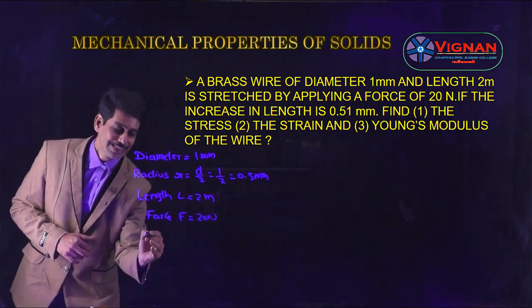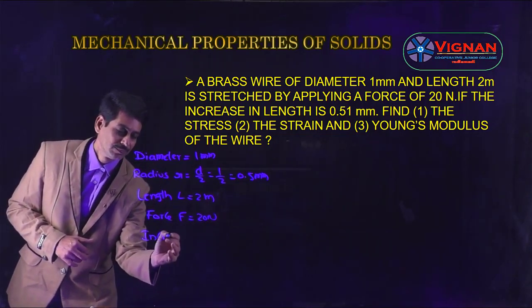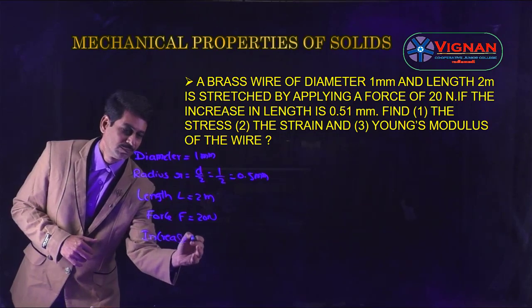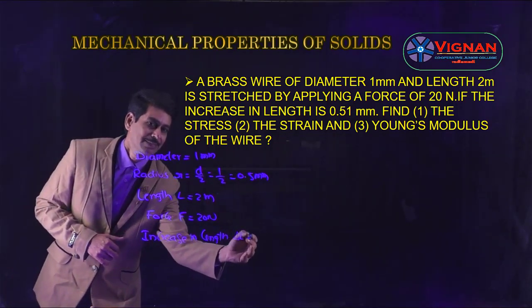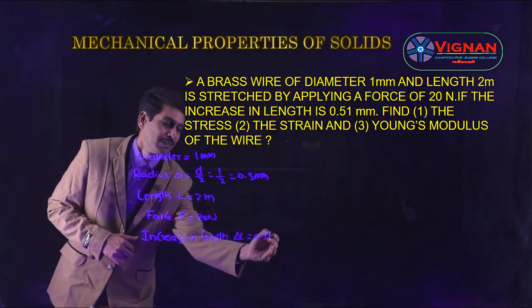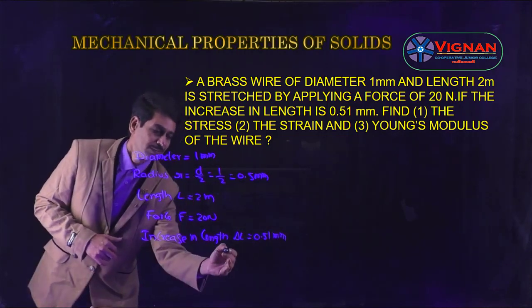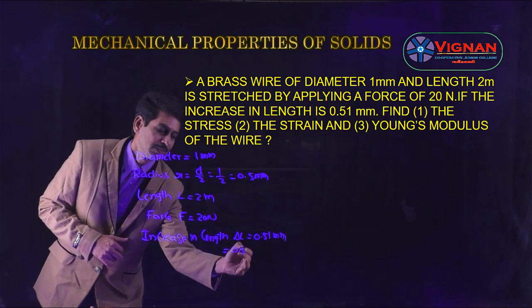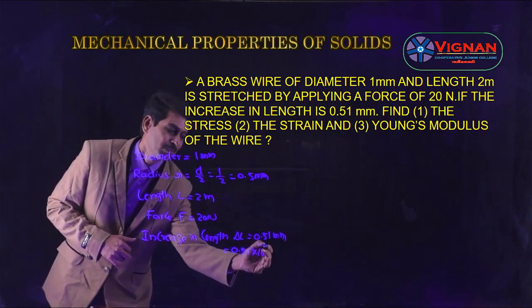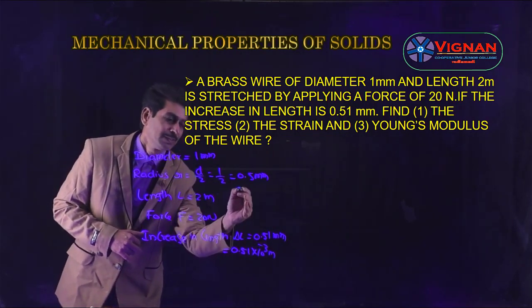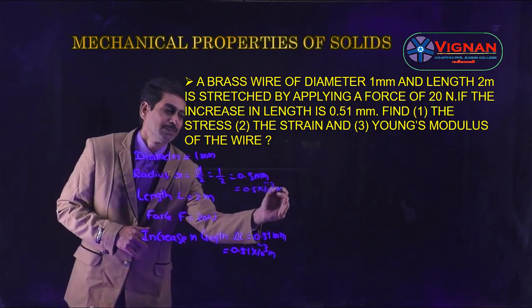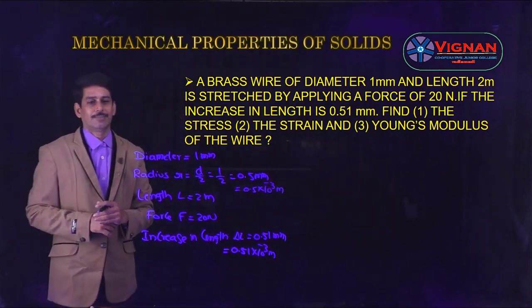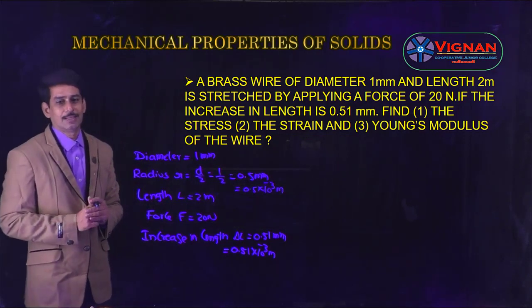The increase in length, denoted by delta L, is given as 0.51 millimeter. So convert this millimeter into meters. It is 0.51 into 10 power minus 3 meter, and here also the radius becomes 0.5 into 10 power minus 3 meter. In the first part we are going to find the stress.